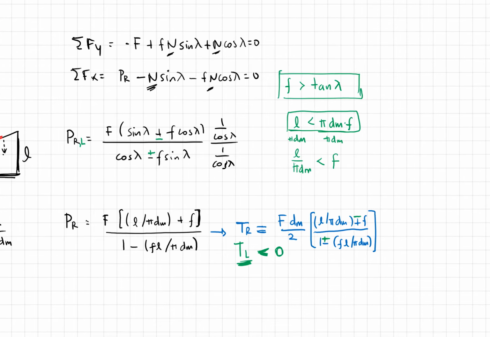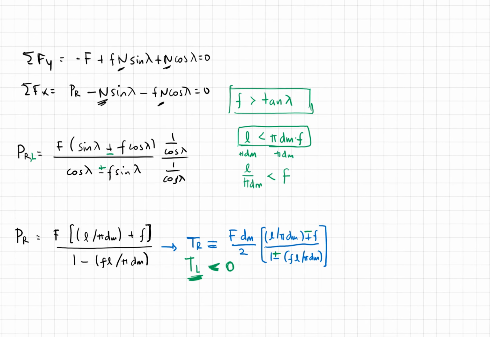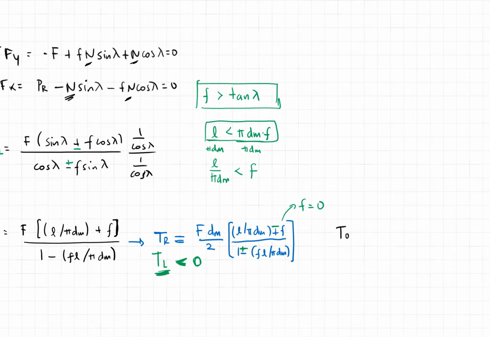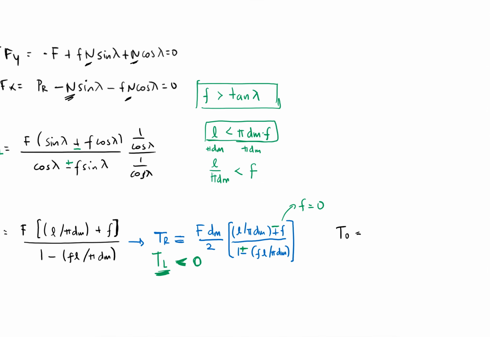Now to calculate the efficiency of these torques, we would basically compare it to the ideal case where f is equal to 0. The friction coefficient in that case is equal to 0. So we would have an ideal torque where f is equal to 0, and that just yields F L over 2 pi, with this equal to 0 and with this equal to 0, right?